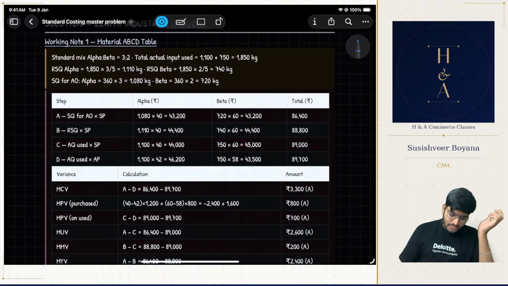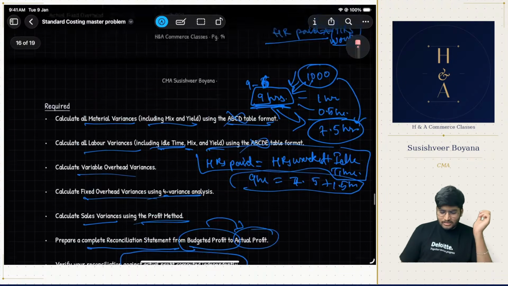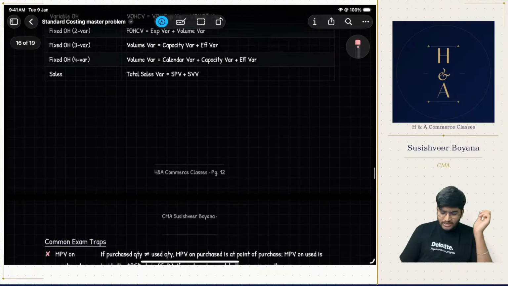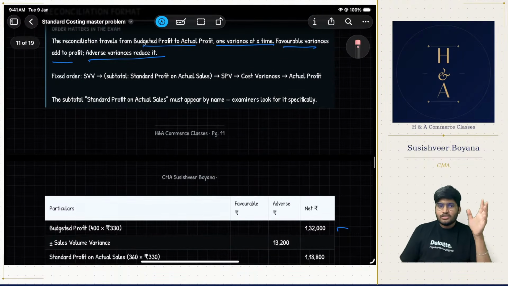If anyone is of the opinion, okay, I only want to go for the ABCD method and don't want to go for this right before the exam, I would also suggest you do that, because right now learning standard costing is not something you should be attempting. In fact, if anyone wants to leave standard costing as an option, kindly don't blindly remove everything and not even look at formulas.